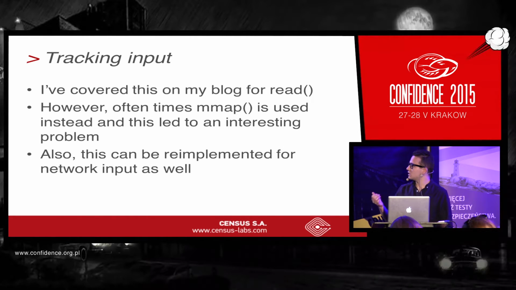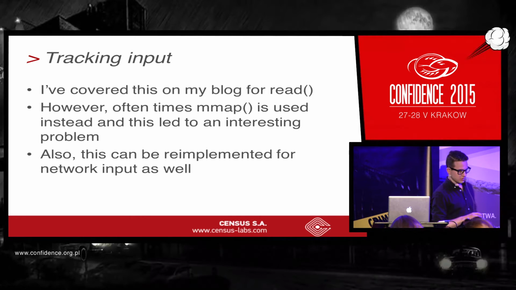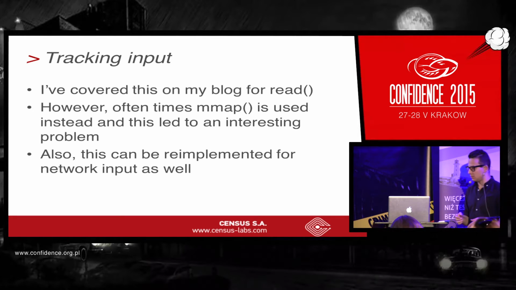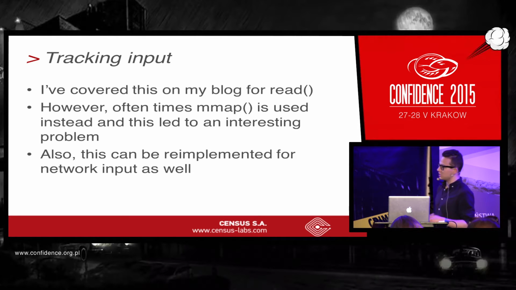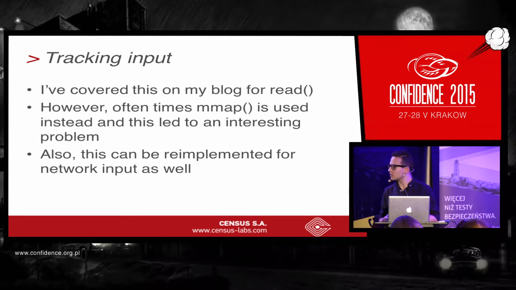For tracking input, I covered this on my blog a couple of weeks ago for read, but usually when the application is processing the input, you wouldn't just read the big file each time that you want to do something with it. You would usually memory map it and then reference that memory.